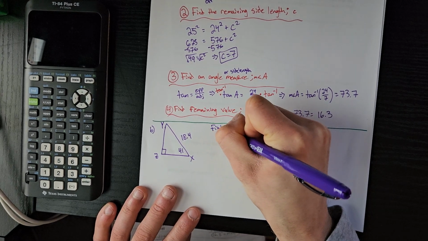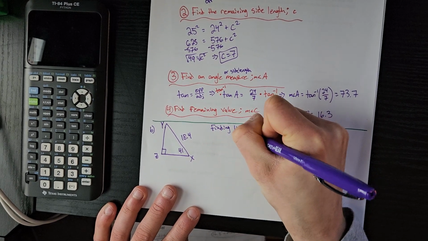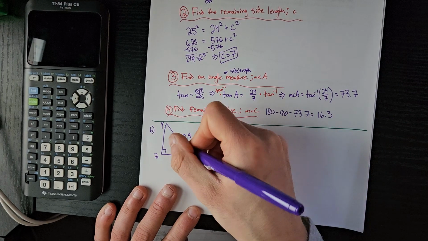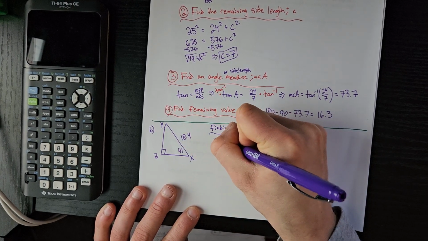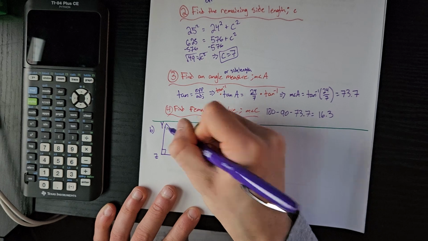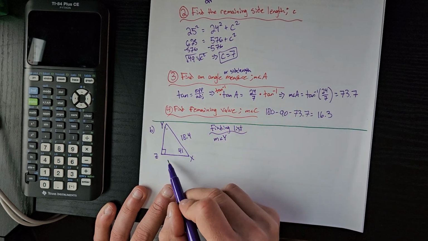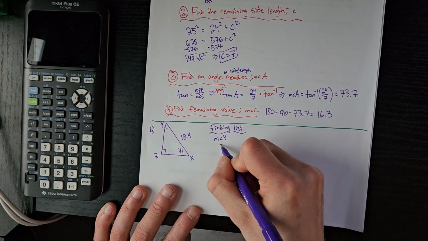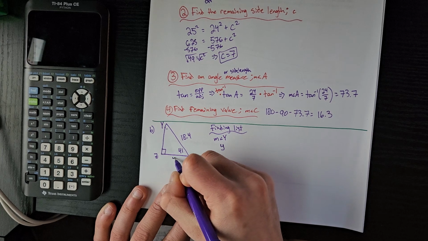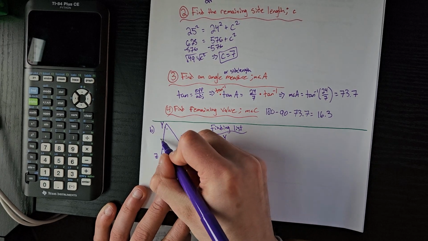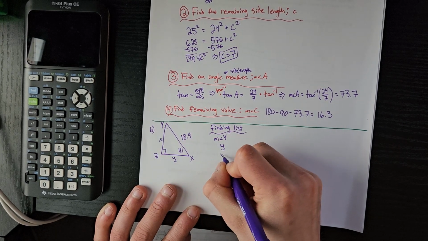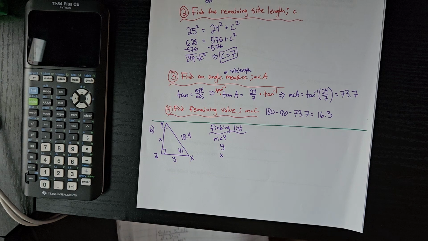I'm going to write a finding list. I need to find out the measurement of angle Y, this right here. I need to find out the length of mini y, right here. And I need to find out the length of mini x, right there. Those are my 3 values I'm trying to find.